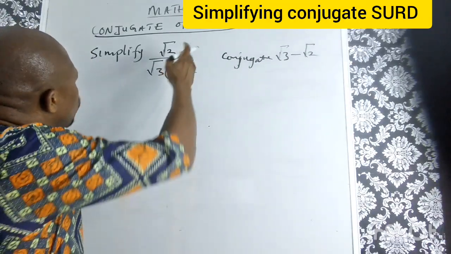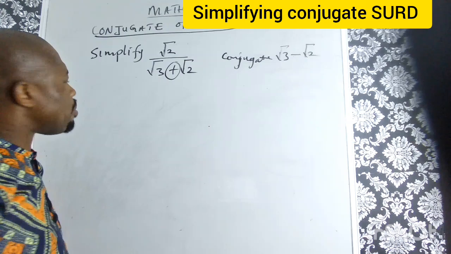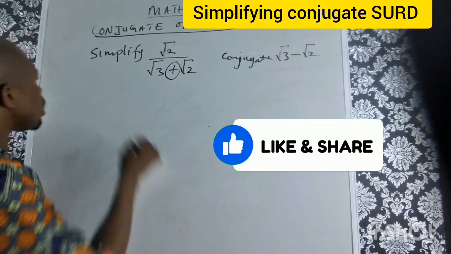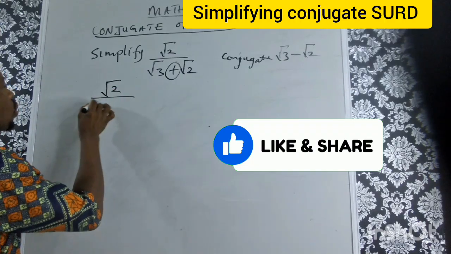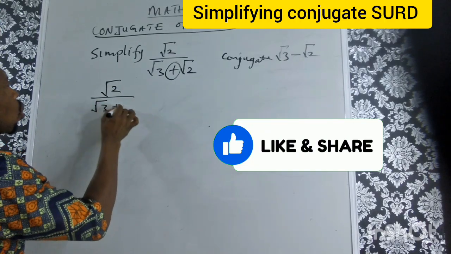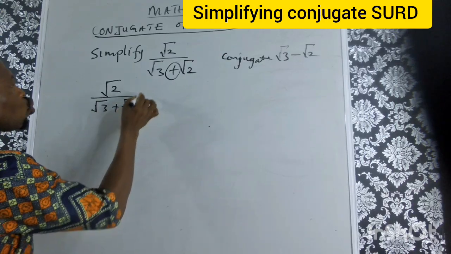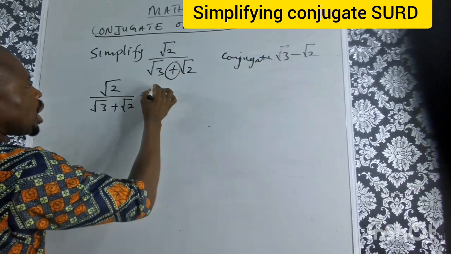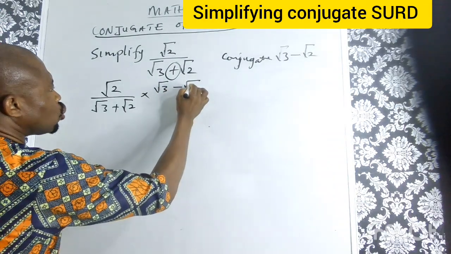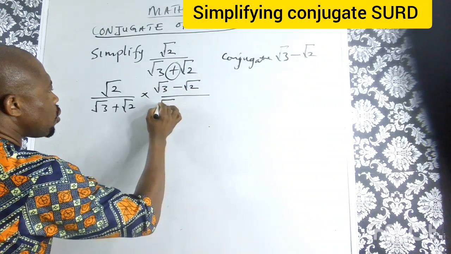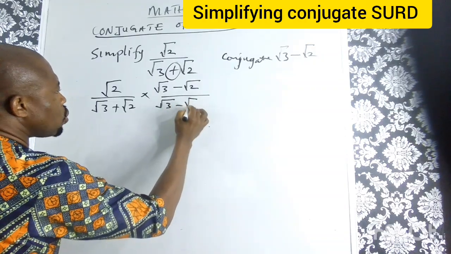Now how do we solve this problem? Square root of 2 all over square root of 3 plus square root of 2 multiplied by the conjugate, which will give us root 3 minus root 2 all over root 3 minus root 2.